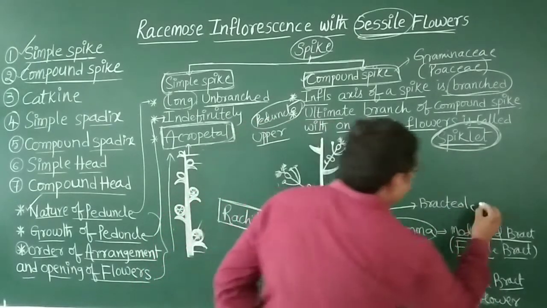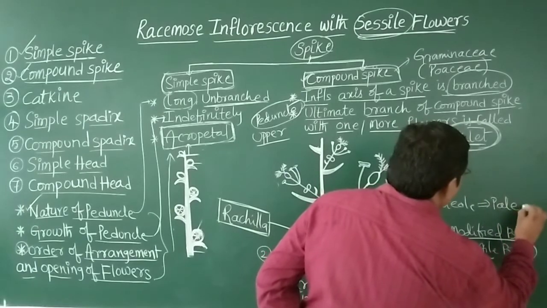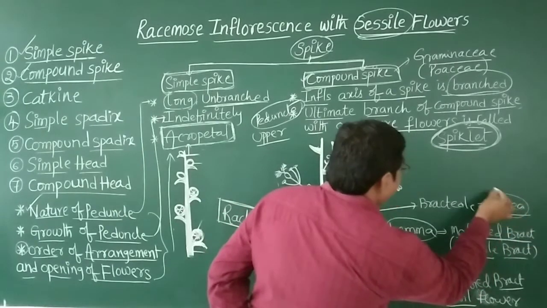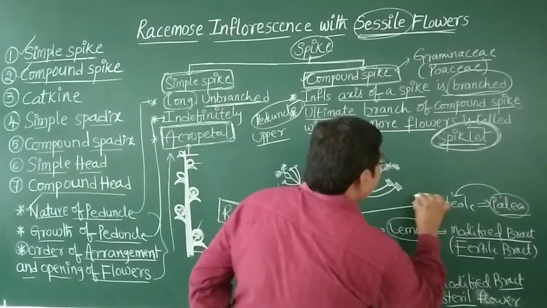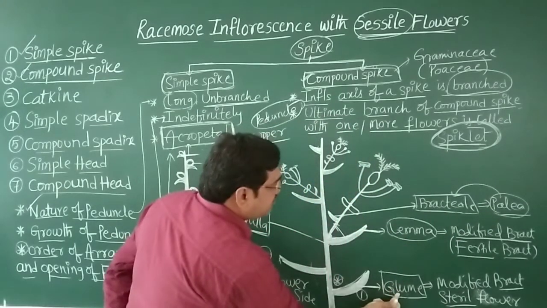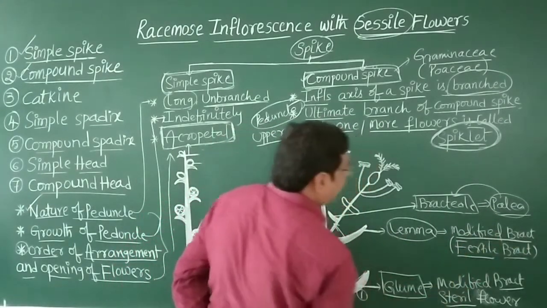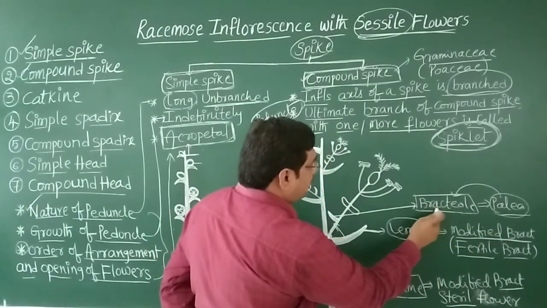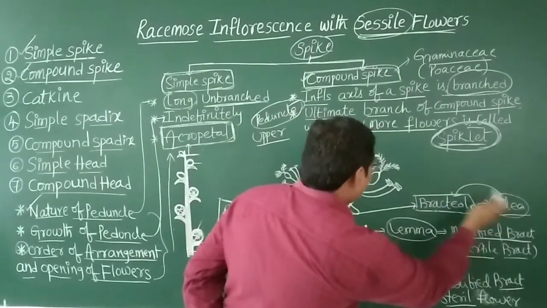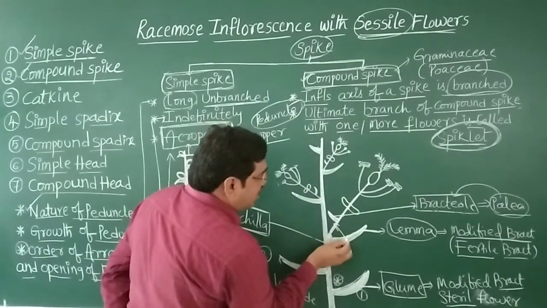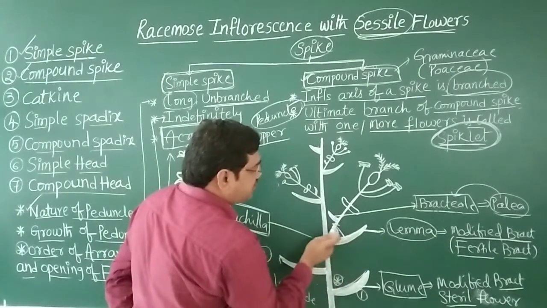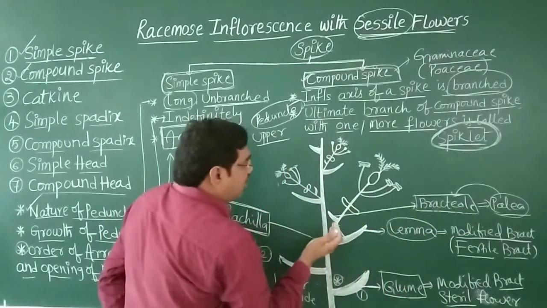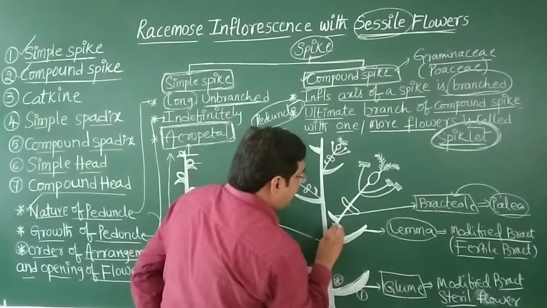This bracteole is called the palea. So the palea is a modification of the bracteole. The lemma and glumes are modified bracts, and the palea is a modification of the bracteole. The palea is present opposite to the lemma. So next, the flowers are enclosed between the lemma and the palea.